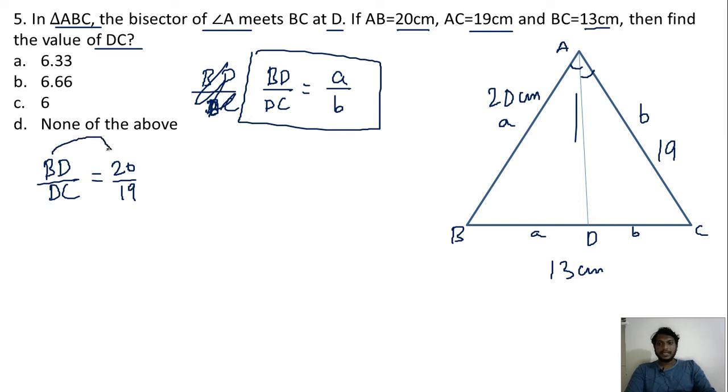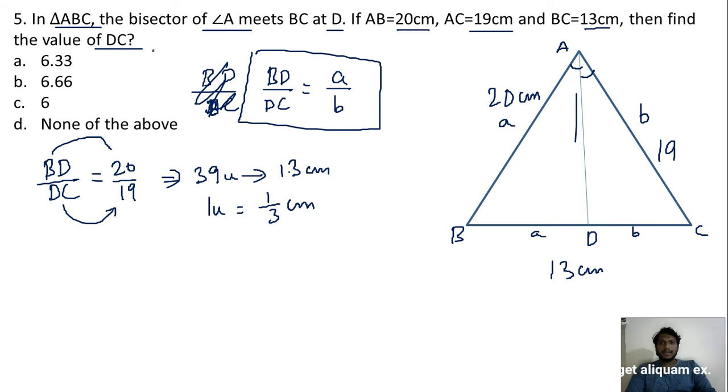BD is 20 units and DC is 19 units. So together if we add this, we get BC, that is 39 units. Here 39 units is given as 13 centimeters. So 1 unit will be equal to 13 by 39, that is 1 by 3 centimeters.